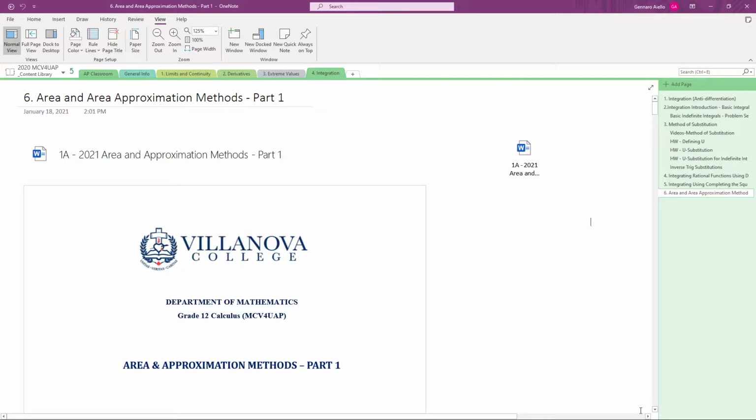So there is a close link between integrals, or finding antiderivatives, and area.